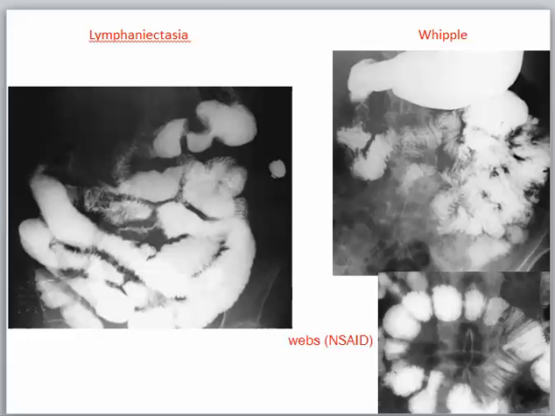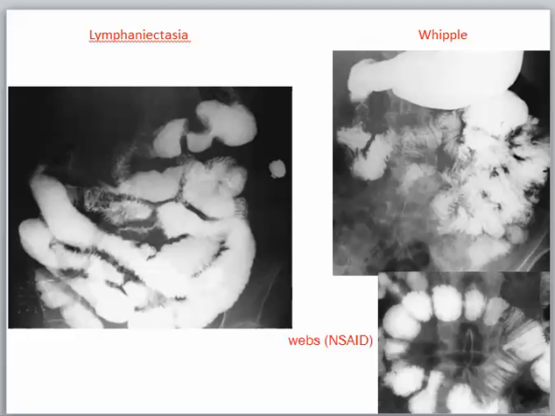So we have many reasons to increase the thickness of the mucosa, and thickness of the mucosa is usually due, as we said, to edema, cells, or invasion. So inflammatory edema, or infiltration by cells, or invasion by metastasis or malignancy.